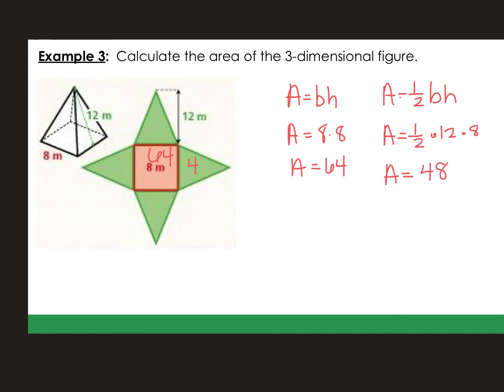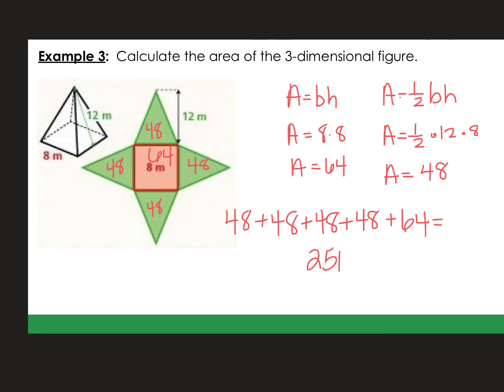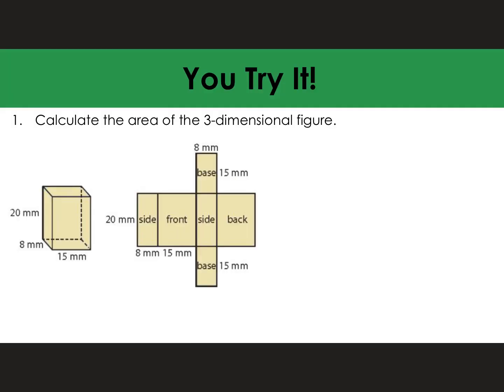So that's each one of these. So now to find the total surface area, we're going to add them up. And that equals 256. And our units are meters. It is area, so it would be meters squared.